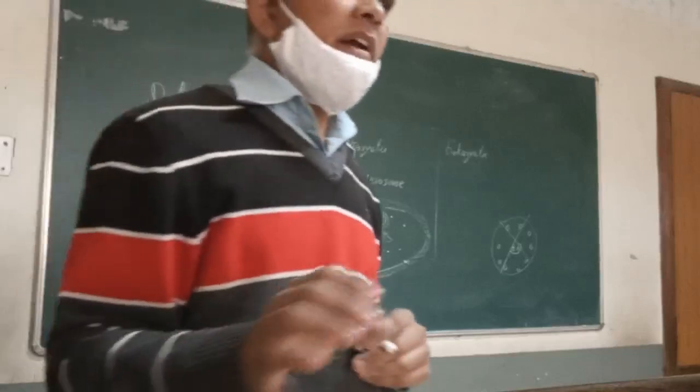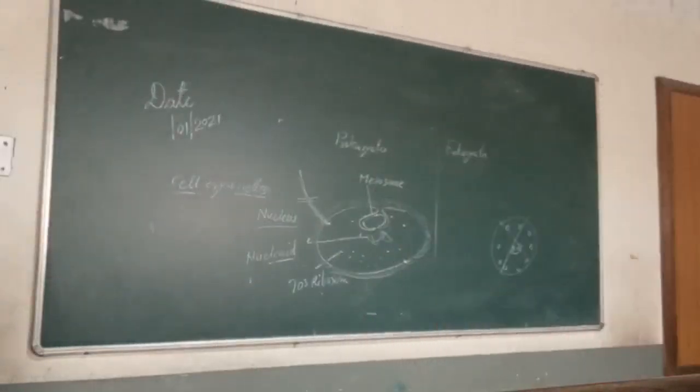In prokaryotes, membrane-bounded nucleus absent. In eukaryotic cells, membrane-bounded nucleus present.